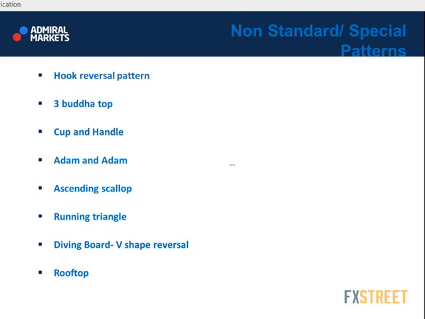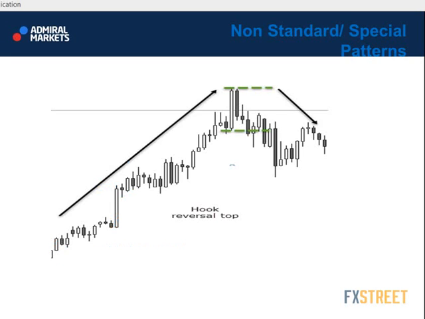Then we have 3 Buddha top, cup and handle, Adam and Adam, ascending scallop, running triangle, diving board, or V-shape reversal. This diving board V-shape reversal is particularly dangerous. So this pattern, I will show you how it looks, and this pattern you shouldn't trade it. You just shouldn't touch the pair when you see a V-shape reversal. I don't like it. And rooftop. Okay? Let's start with hook reversal pattern.